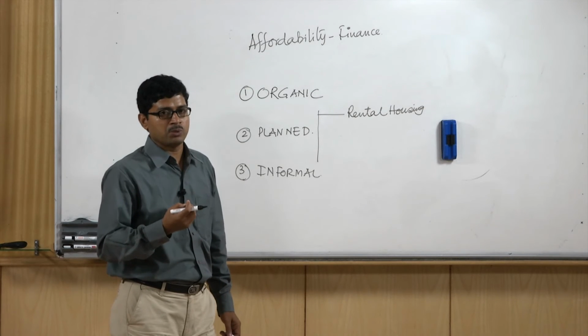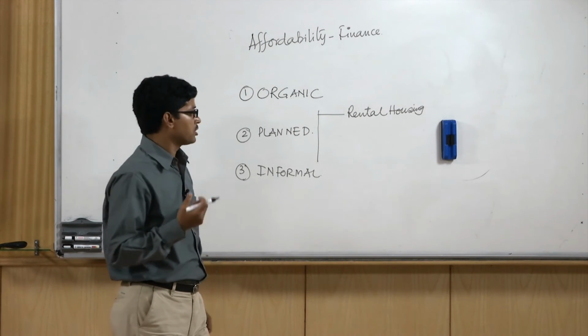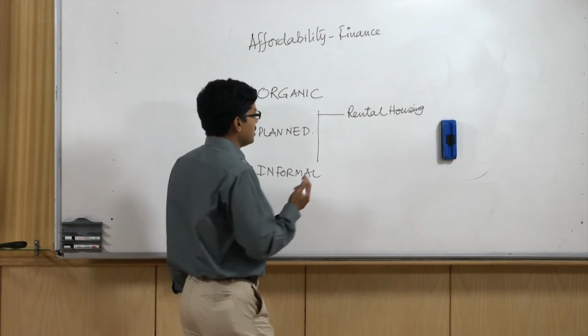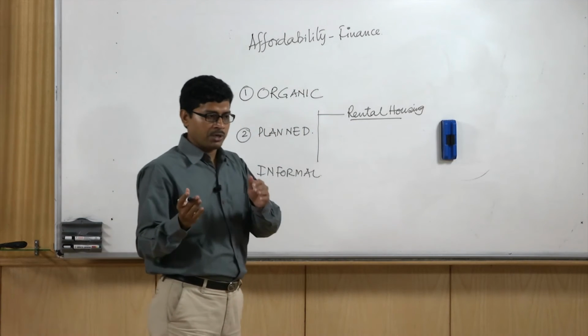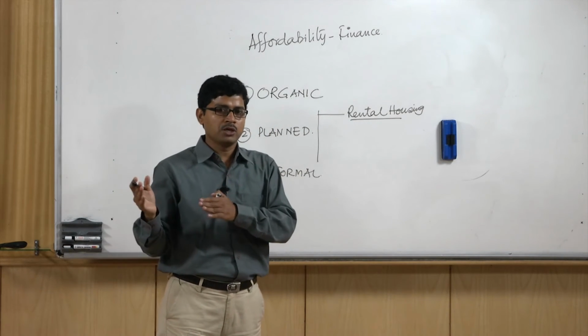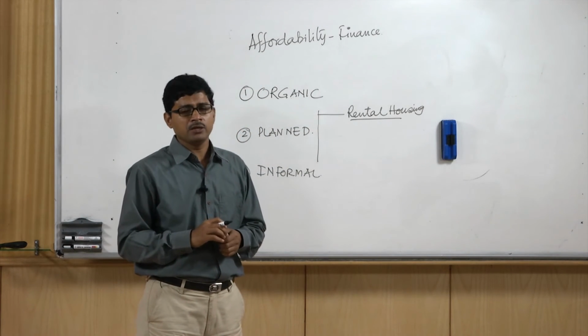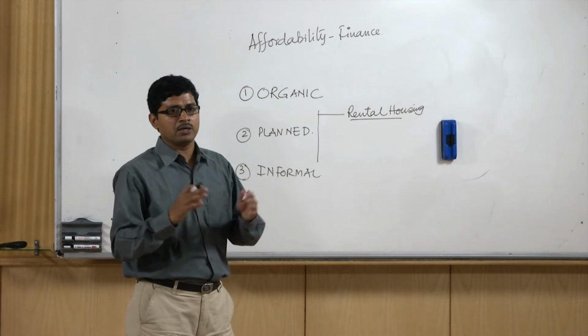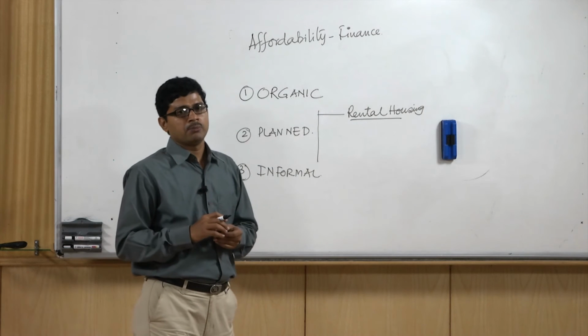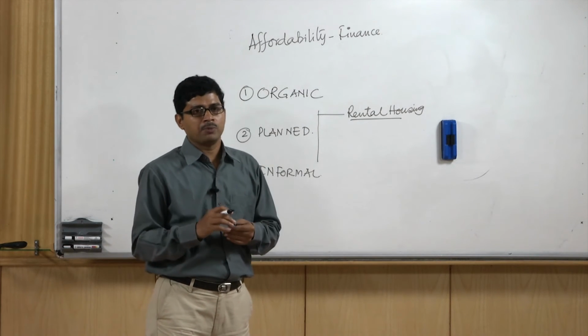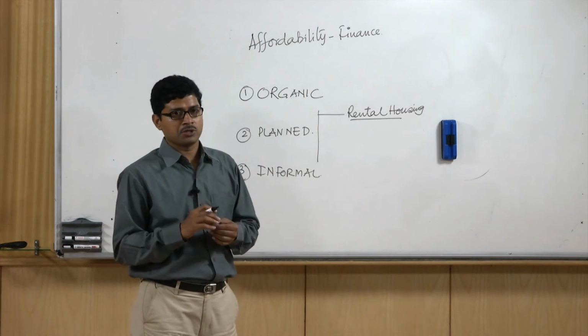There is a great requirement in our cities to create that kind of housing, like rental housing. A person might be coming to a bigger city from a smaller city or village for a job or any purpose, and he may not afford a bigger apartment or house. On the other hand, he may get a small apartment on rent for a short duration stay.